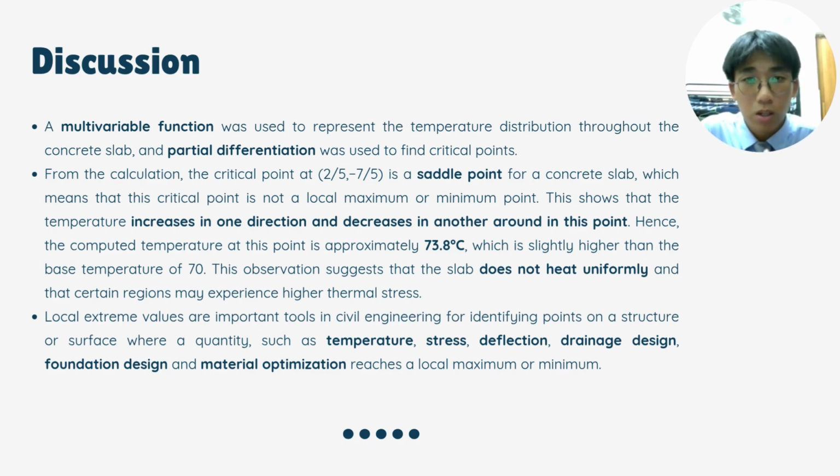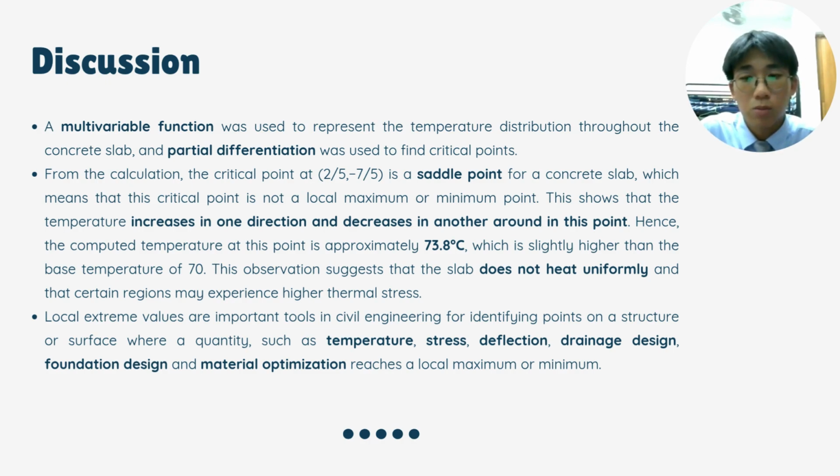From the calculation just now, we know that the temperature is 73.8 degrees Celsius, which is higher than the base temperature of 70. This means that the heat is unevenly distributed and non-uniform, and the concrete may experience higher thermal stress.